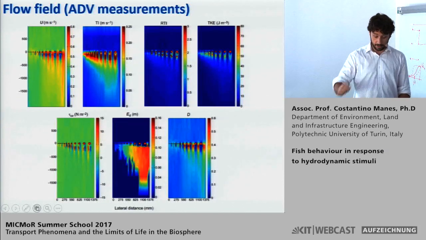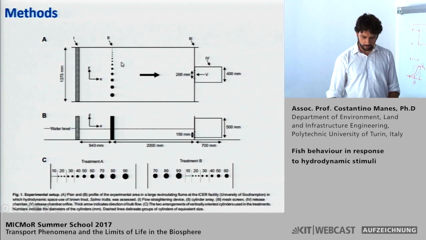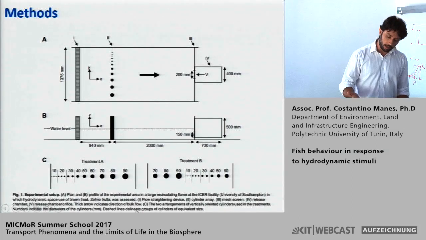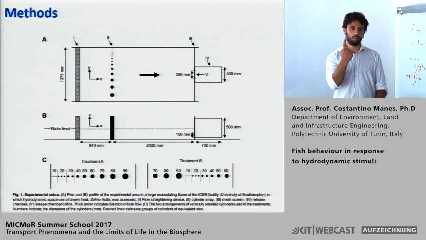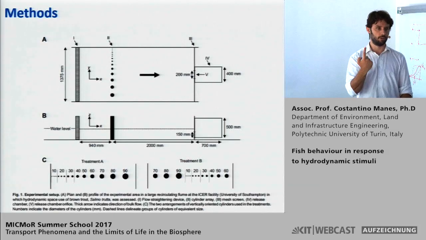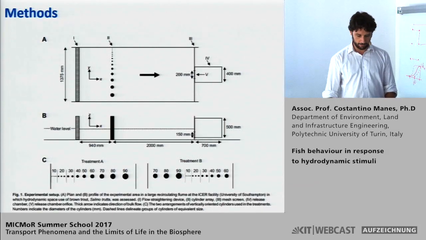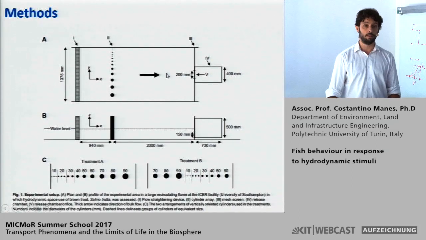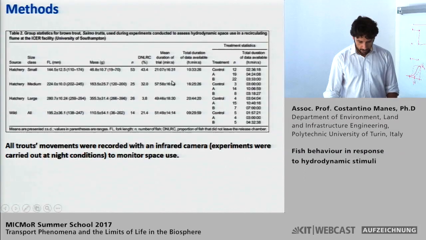Please keep in mind that in this configuration, the wake of the cylinders would have just one vorticity component, so there would be eddies mainly with one direction. All right, it's a fairly 2D problem, which allowed us to monitor the flow field only at one plane and to make things relatively easy.